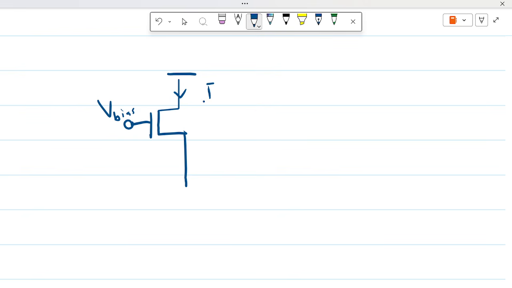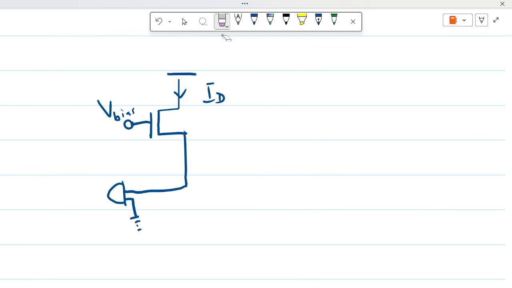We have ID. When we connect our signal, assuming it's a microphone, then how do we have our ID going through the signal? That's one thing we should look at.